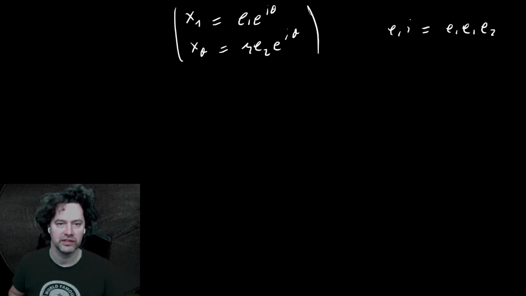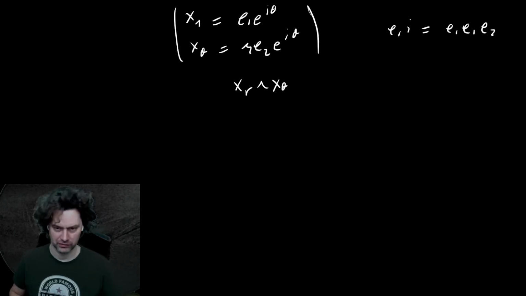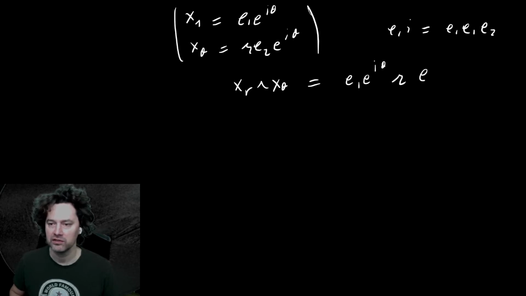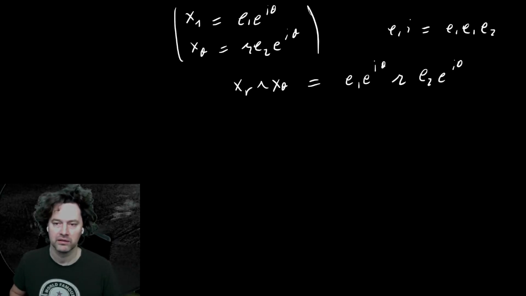So first off, we have our volume element, or area element in this case, x_r wedge x_theta, and we computed this in the previous video. But that is just going to be the grade 2 selection of e1 e^{I theta} wedge r e2 e^{I theta}.